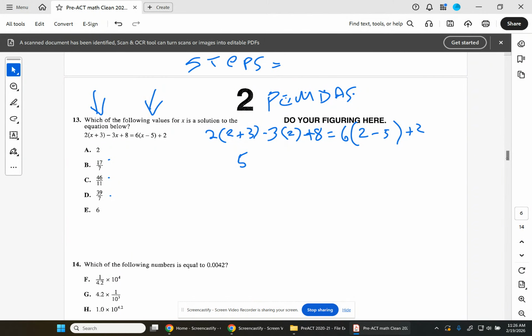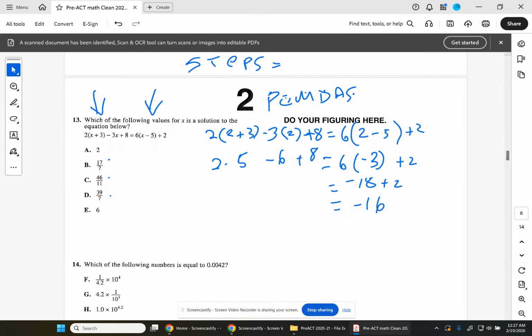This parentheses here would be minus 6 plus 8, right, equals minus 3, 6 plus 2. So this is going to be minus 18 plus 2. This is minus 18 plus 2. So this equals minus 16.